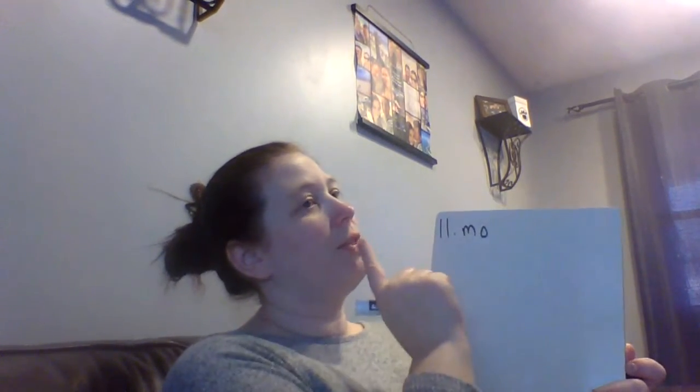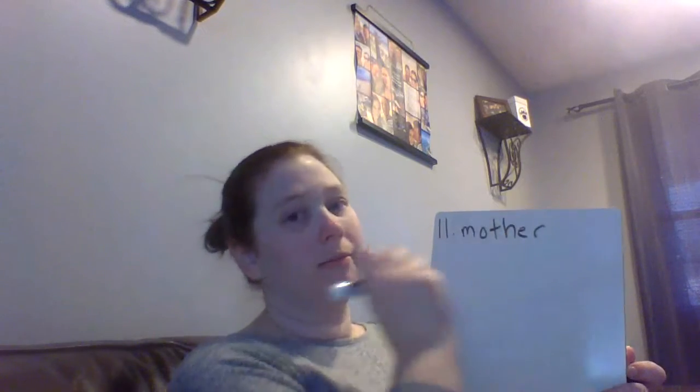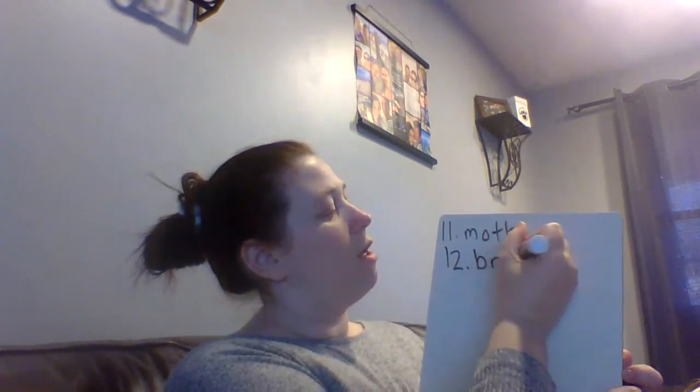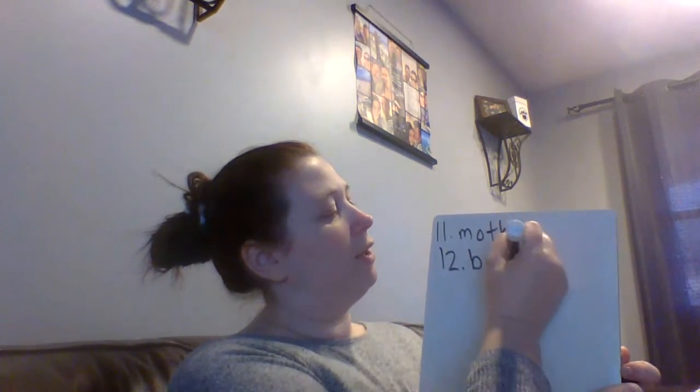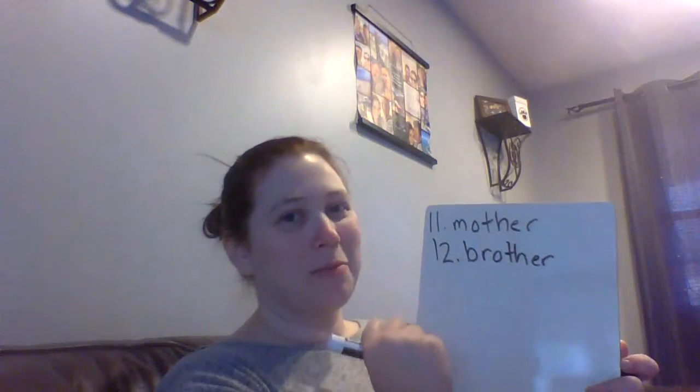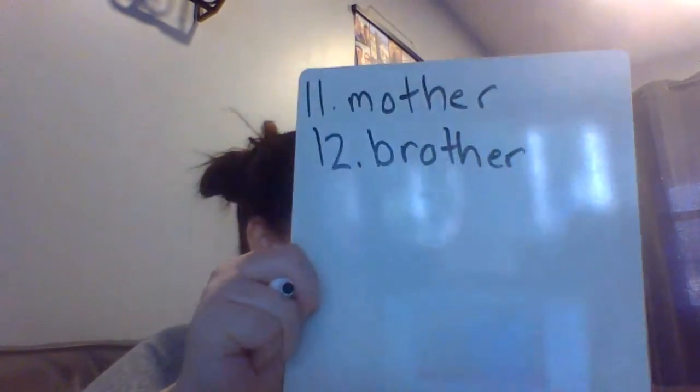And then that sound T, H, and then E, R. Number 12, we're going to spell brother. B, and then again the TH, brother. All right, make sure you have those two down.